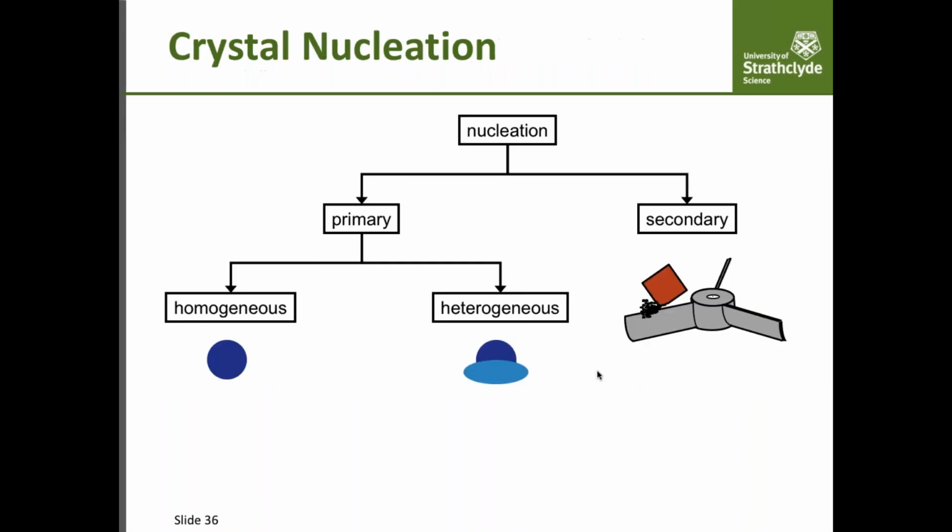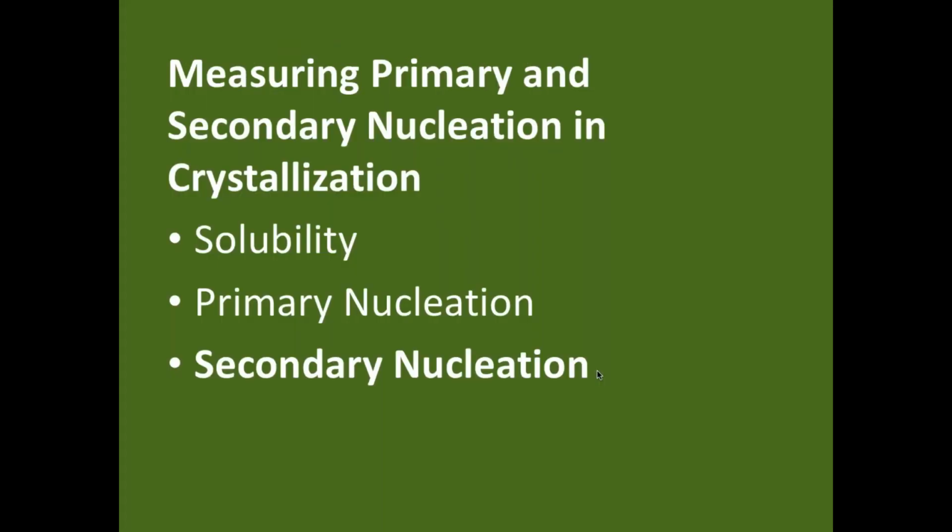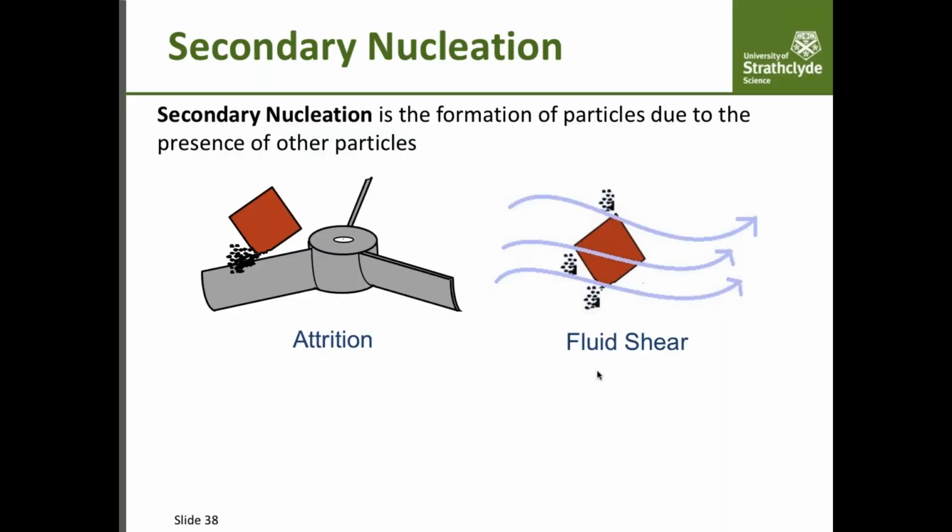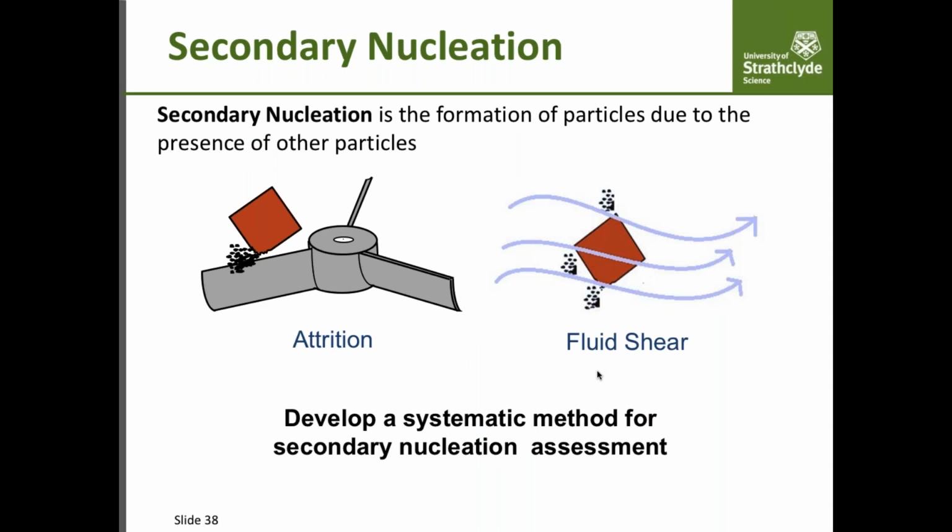Good, so this was the primary heterogeneous nucleation rate we measured. And we also thought of how to measure secondary nucleation rates in these solutions. So we want to develop a secondary nucleation rate measurement method.